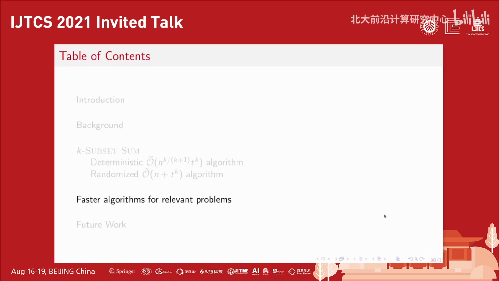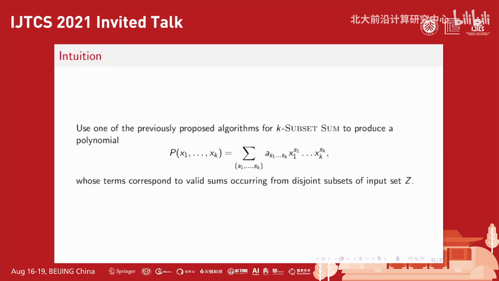And now we will see what we can do with these exact algorithms. So both of these algorithms produce a polynomial of this form, where each term with non-zero coefficient means that there are disjoint subsets, each of which sums up to Si, where Si are the exponents.